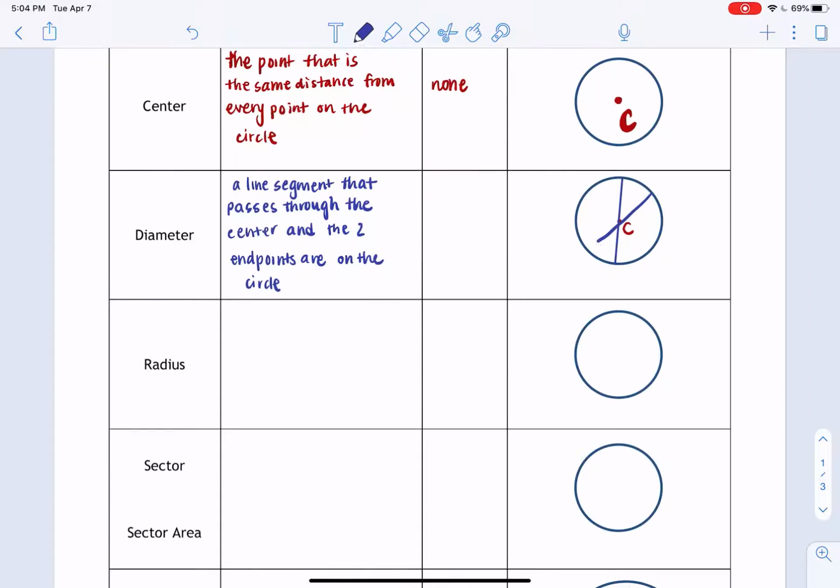So it could also look like this. These are all diameters. And then units of measure, we can measure them in centimeters, meters, inches, feet, etc.